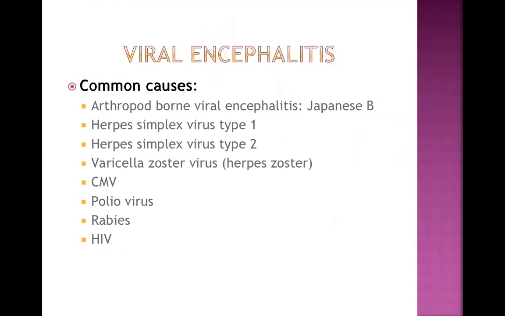Herpes simplex virus type 1 and type 2 can also cause viral encephalitis. Varicella zoster virus, cytomegalovirus, poliovirus, rabies, and even HIV can lead to viral encephalitis. But from the exam point of view, Japanese encephalitis and herpes simplex encephalitis are more important than others. And know a bit about rabies as well.